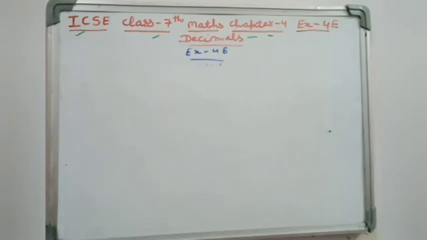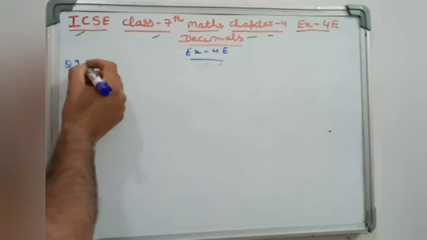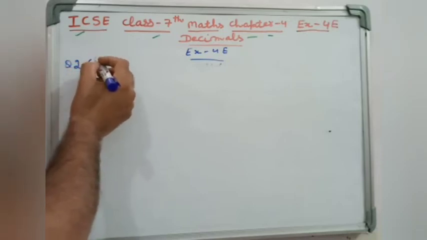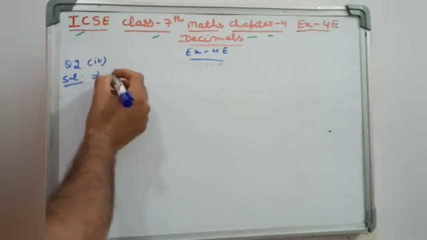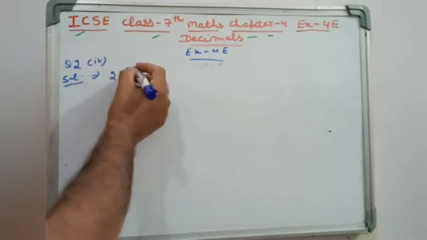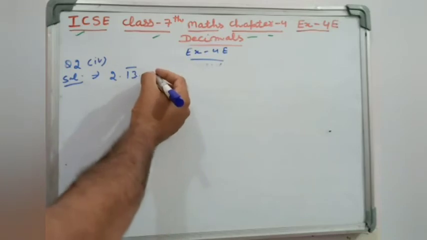So students, we are going to do the next part of question 2, that is part 4. Here it is given 2.13 bar. Right? For that we can adopt a shortcut method.